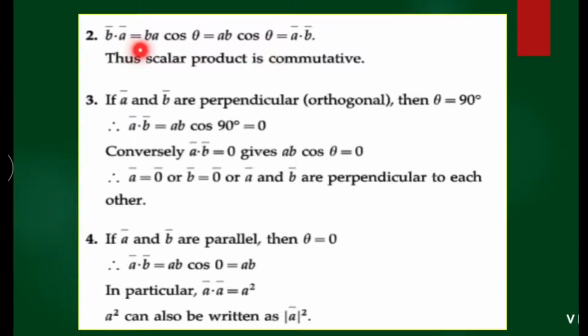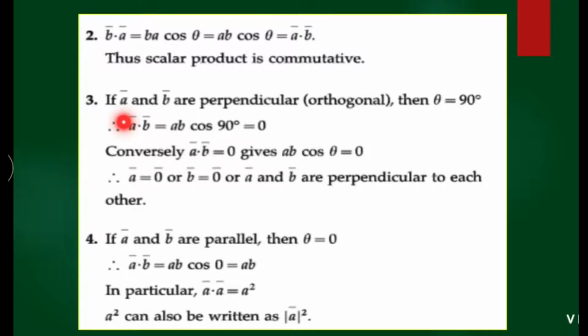See here, B bar dot A bar equals A bar dot B bar. So we can interchange the vectors while taking the scalar product. So this property is called the commutative property. Thus scalar product is commutative. So while calculating, you can find A bar dot B bar or B bar dot A bar, you get the same value.